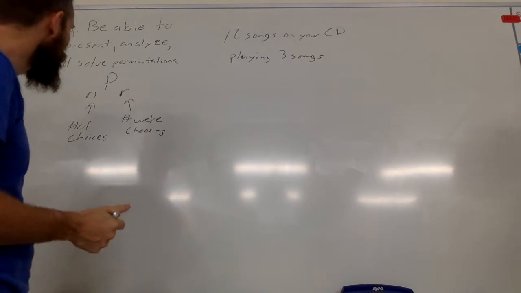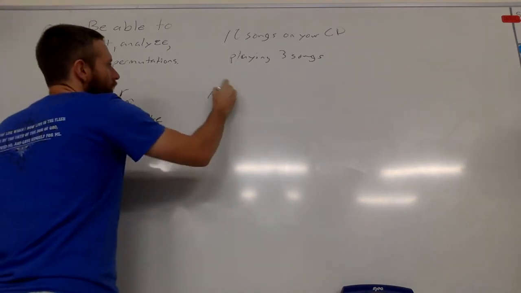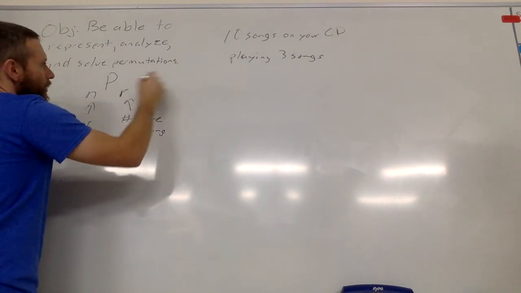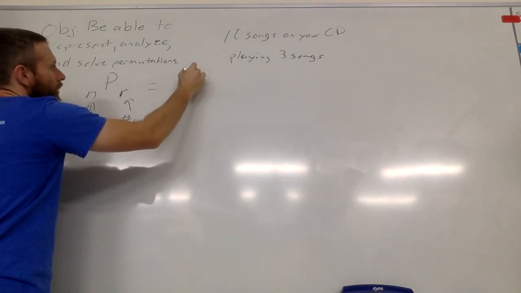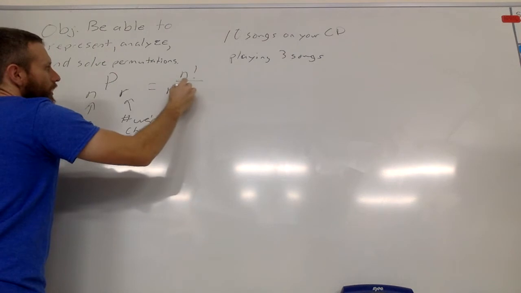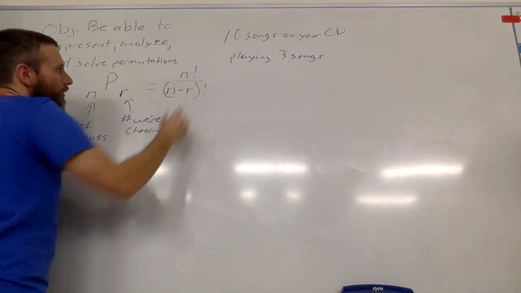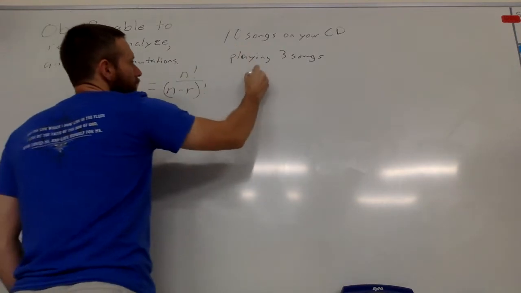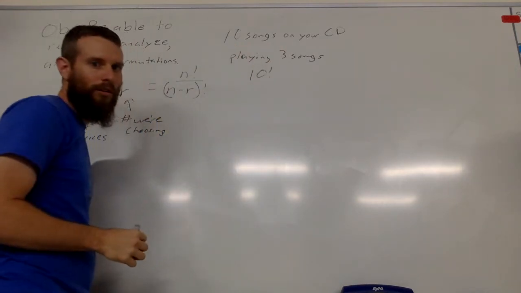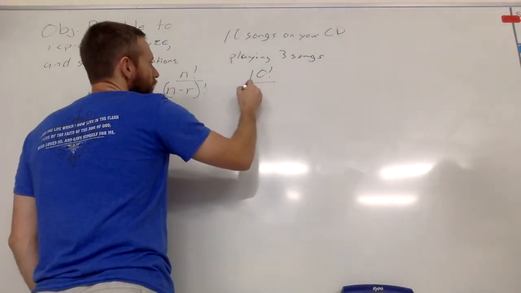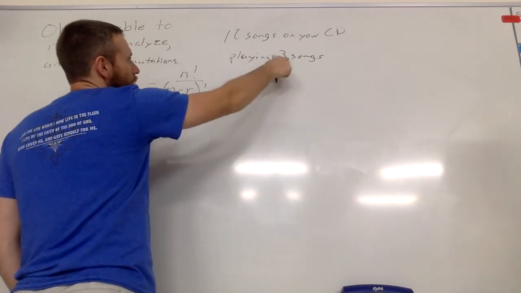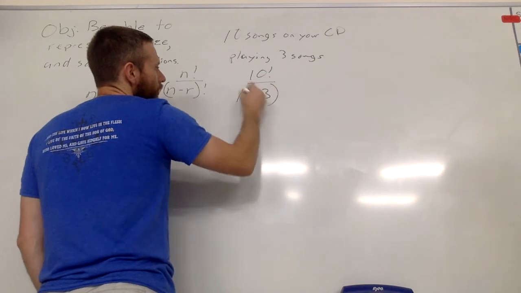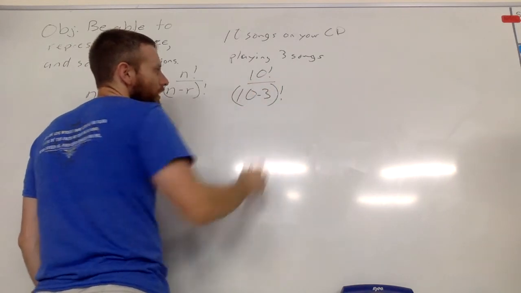This can be solved by doing n factorial over n minus r factorial. There are 10 songs, so that's 10 factorial, and we are choosing 3 songs, so it's 10 factorial over 10 minus 3 factorial.